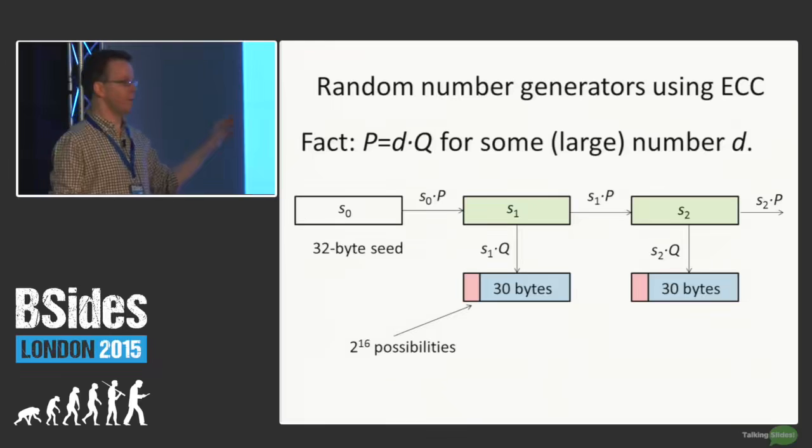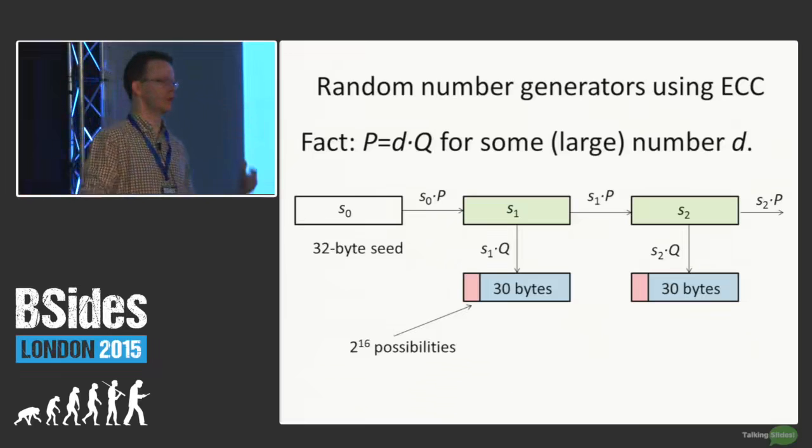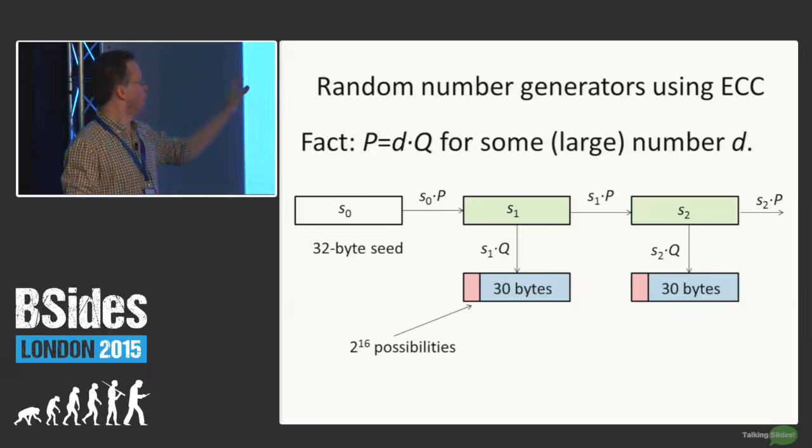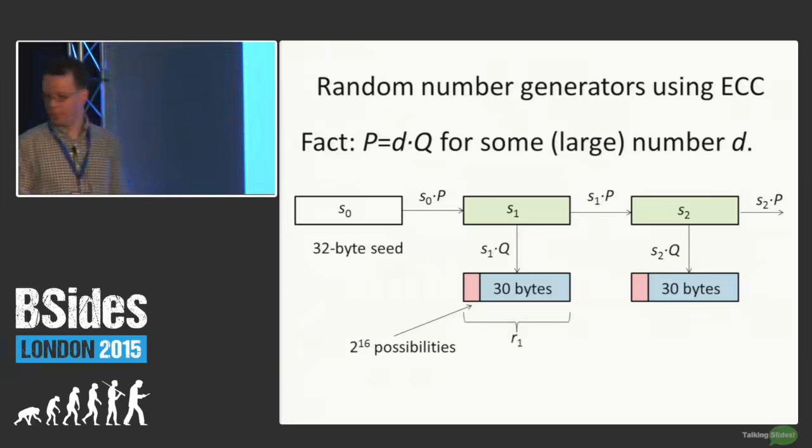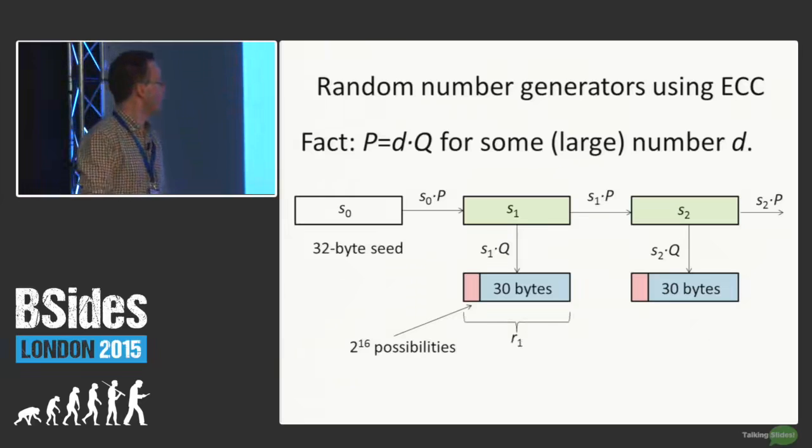So if someone sees the blue bit, the 30 bytes of output, and again, that's a feature of a random number generator, you sometimes see the output, then there are only 65,000 possibilities to get the whole output of S1 times Q. And that's actually very easy to compute because this needs to be a point on the curve, and given the blue bit, it's trivial to find the red bit. Let's call this number R1. This number can be easily computed.